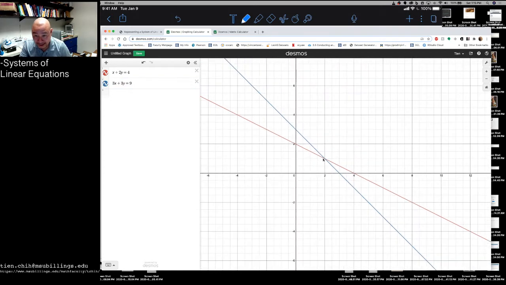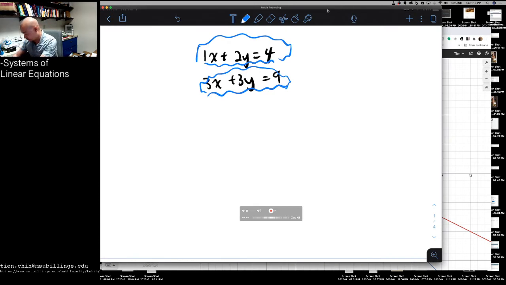We can plot another line. And there we have it. We have a solution. x is 2 and y is 1, right?